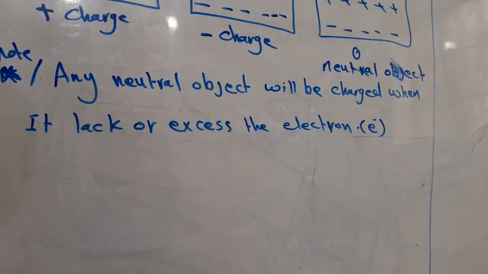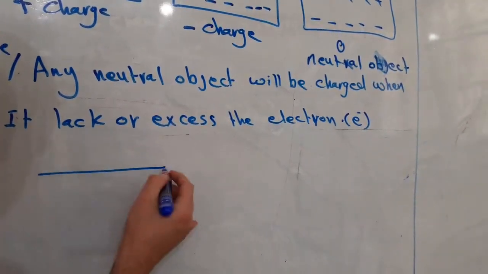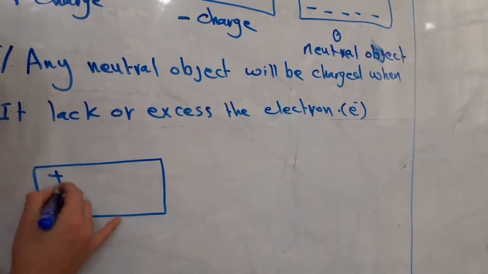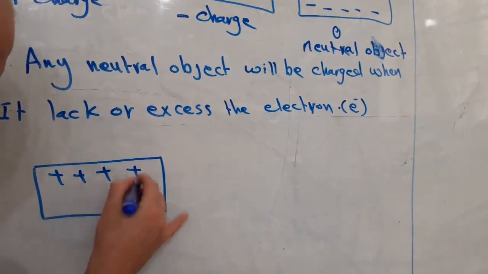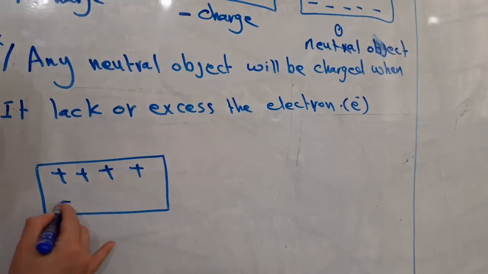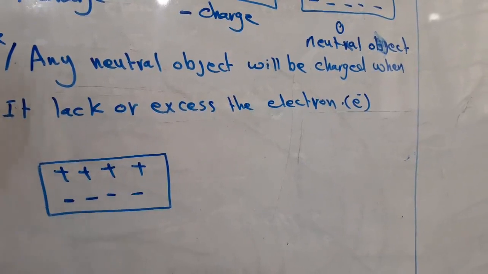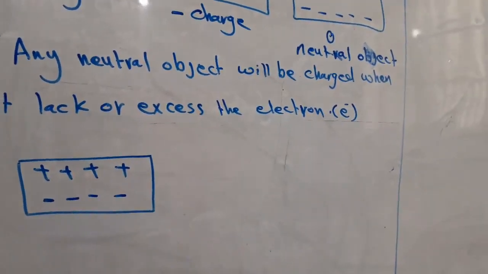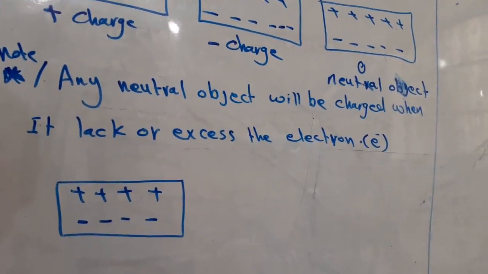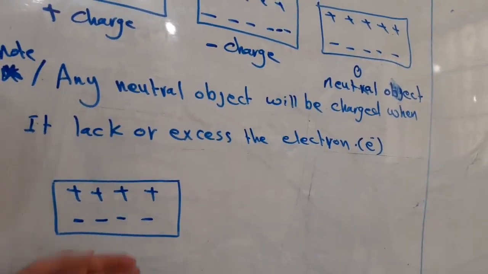For example, this object has 4 positive charges and 4 negative charges. It's a neutral object, the total charge equals 0.